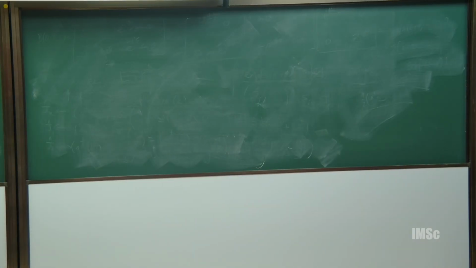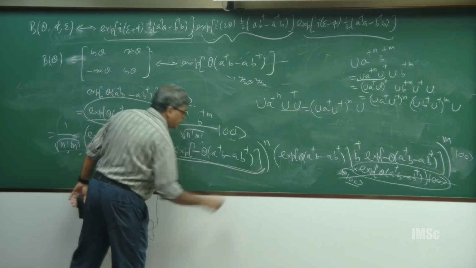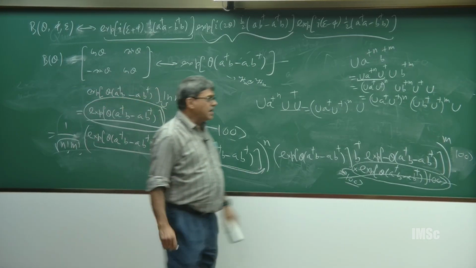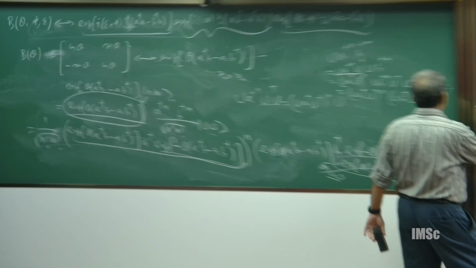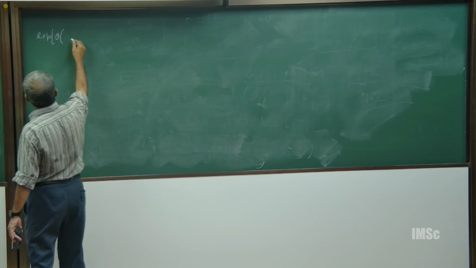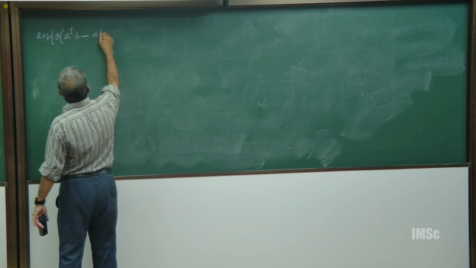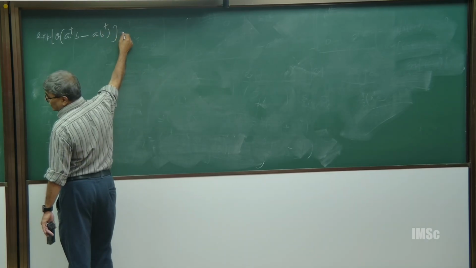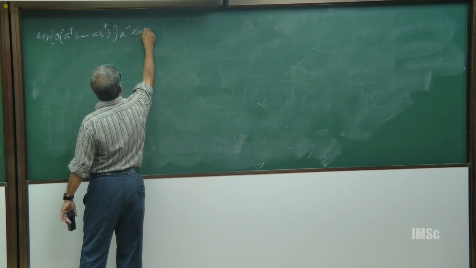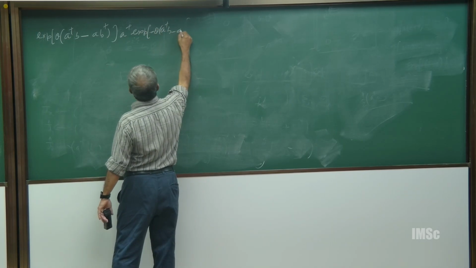Okay, fine. Good. So let us now look at this part. n will come anyway automatically. So theta (A dagger B minus A B dagger).